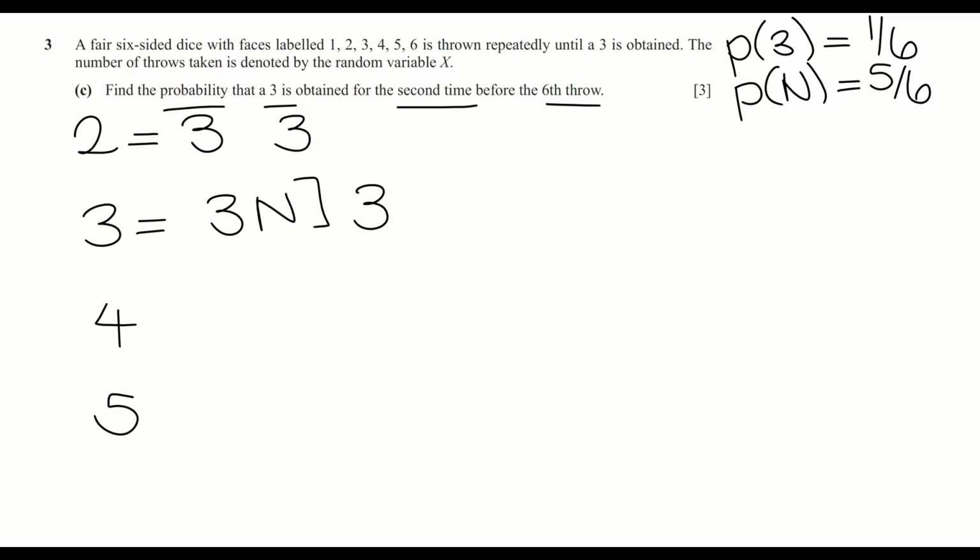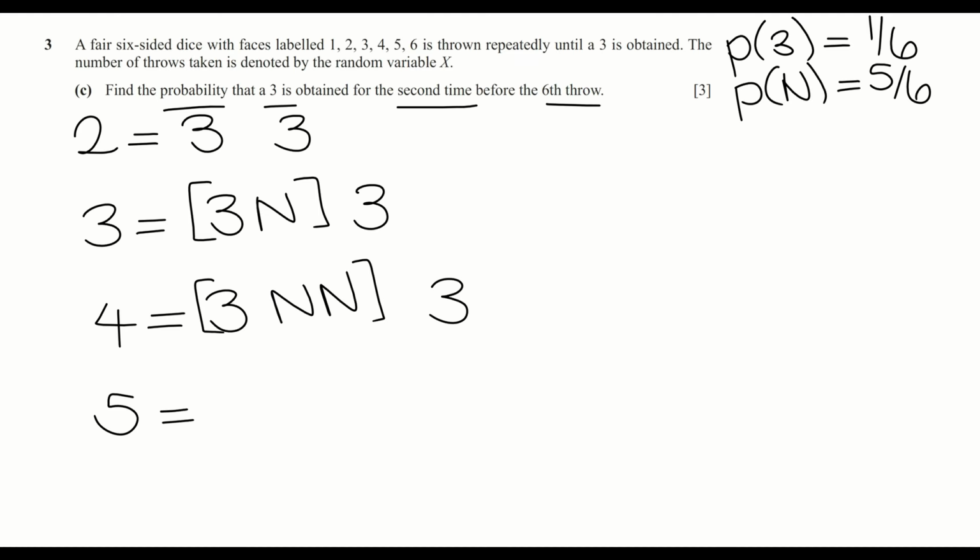I'm going to put this into a bracket. If the second 3 is obtained on the 4th turn, from the first 3 turns, we're going to get 1 3 and 2 values that are not 3. Let's put this into a bracket. If the second 3 is obtained on the 5th turn, in the first 4 turns, we're going to get 1 3 and 3 values that are not 3.